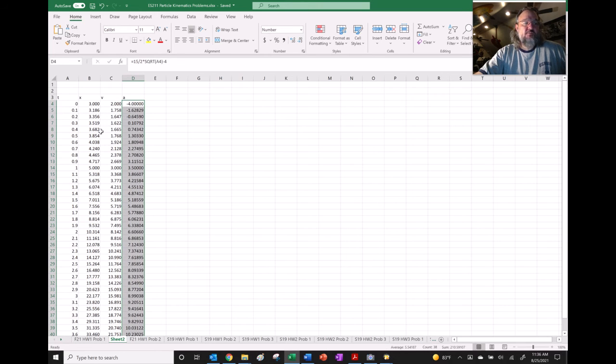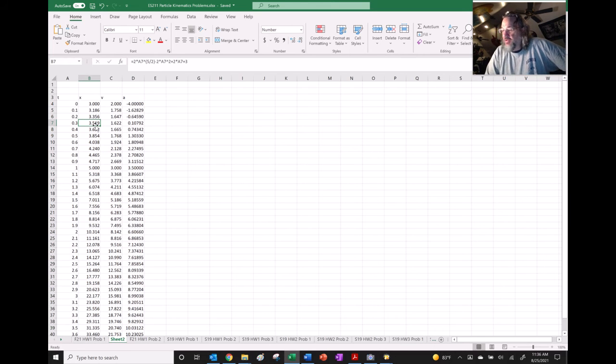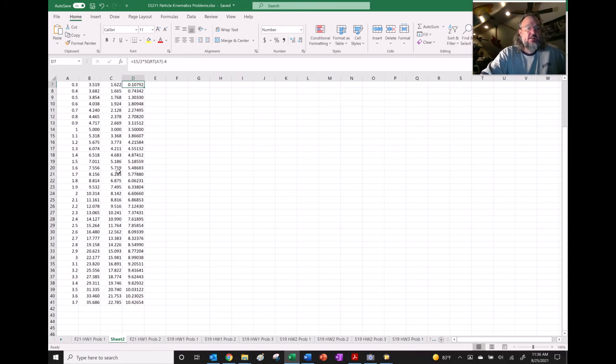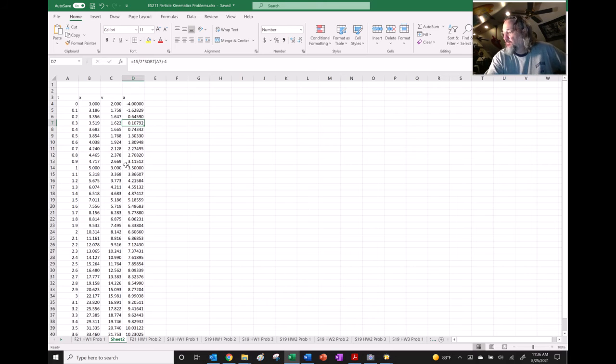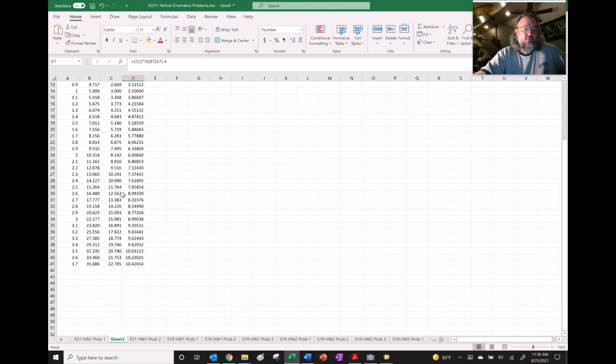And okay, so one of the things was, part A, they wanted to find out the time when A was equal to 0. Well, you could see that it started out negative and then came down, right? So that makes sense that it was somewhere in between the 0.2 and 0.3. Other questions we asked, they wanted to know the velocity when x is equal to 20, right?